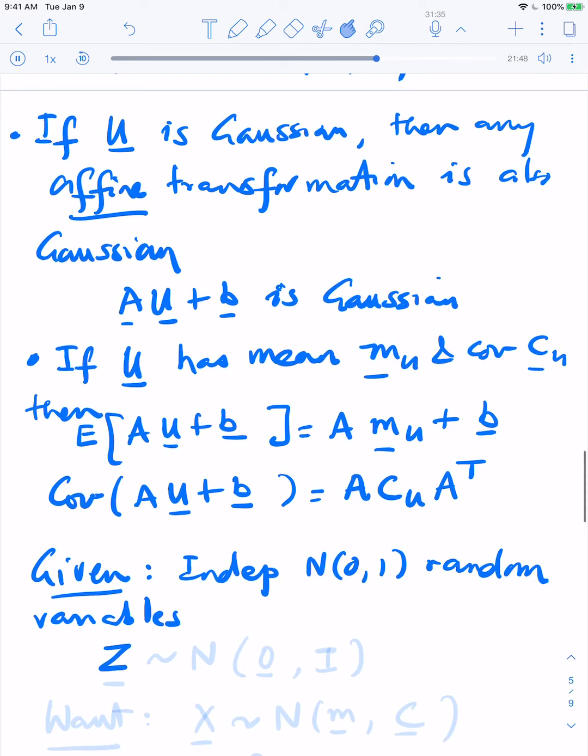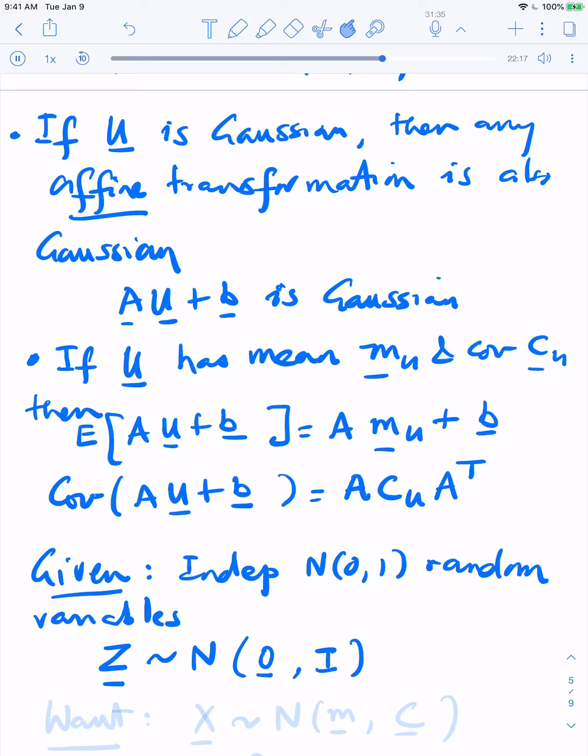We collect them into a random vector of the right dimension. So that random vector will also be a Gaussian random vector. That's easy to check. Its mean vector will be 0. And remember that independent random variables are also uncorrelated. The covariances are 0. So basically, the covariance matrix for this will be the identity.